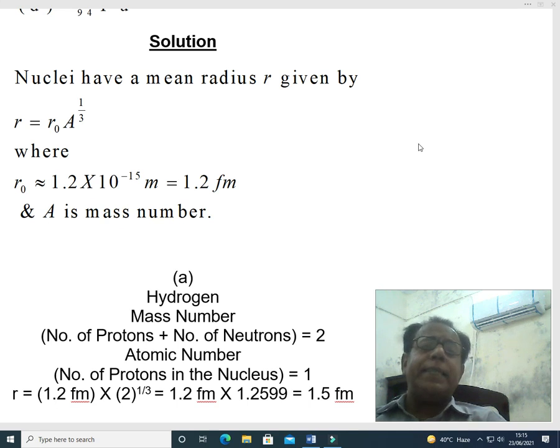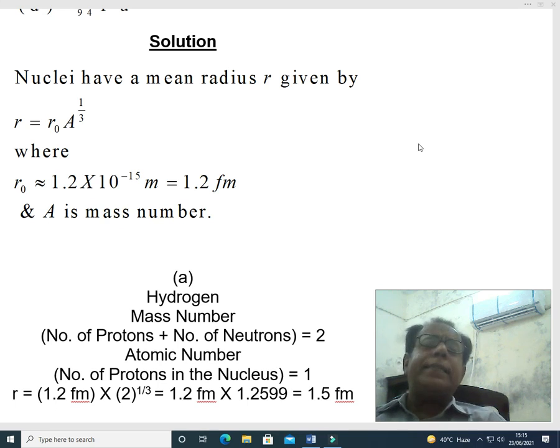Dear students, in the same way as 10 to power minus 3 is milli, milli stands for 10 to power minus 3, micro stands for 10 to power minus 6, nano stands for 10 to power minus 9, and so on.